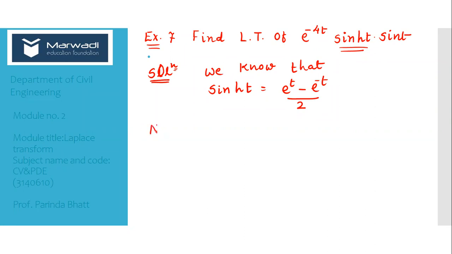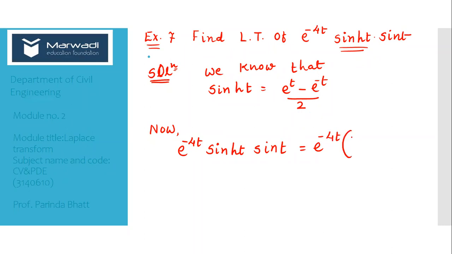Okay, now our function is e raised to minus 4t sinh t into sin t. First we write e raised to minus 4t.